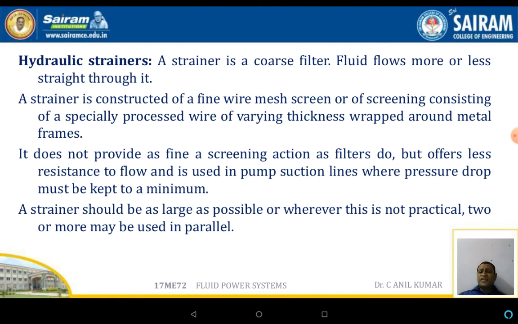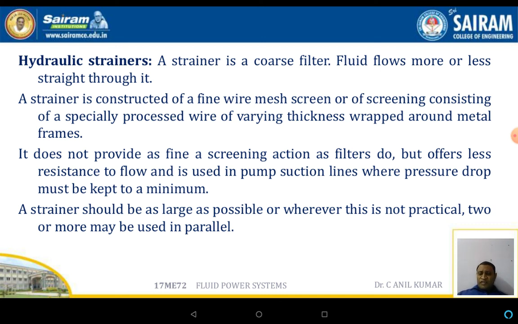The hydraulic strainers. A hydraulic strainer is a coarse filter. The fluid flows more or less straight through it, but a strainer is constructed of a fine wire mesh screen, or screening consisting of specially processed wire of varying thickness wrapped around metal frames.